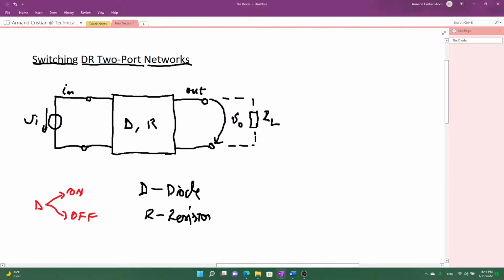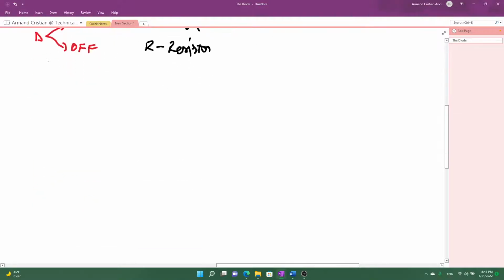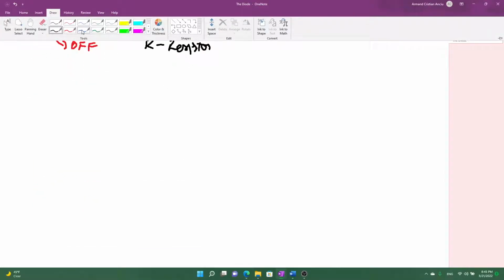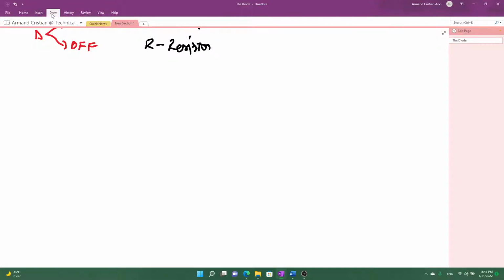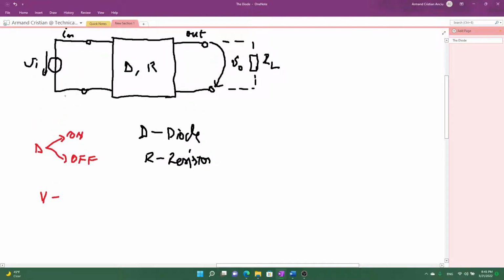Now, when working with DR two-port networks, we have to remember that these networks operate, or if you want, these networks are driven by voltage. And because these networks are driven by voltage, we discuss about a voltage to voltage system where the input is a voltage and the output is a voltage as well.